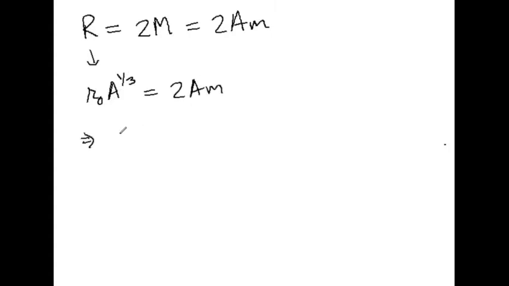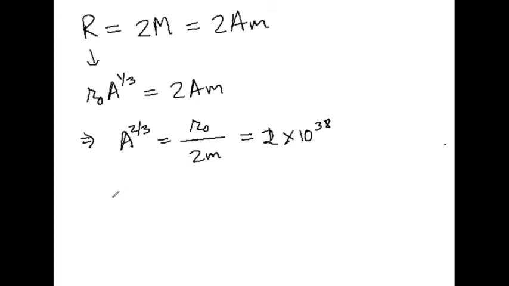So this gives me a to the power 2/3 is equal to r0 divided by twice m. The value is around 2 into 10 to the power 38, and later on this gives me a approximately 2.6 into 10 to the power 57. Okay, so this is the correction to this calculation.